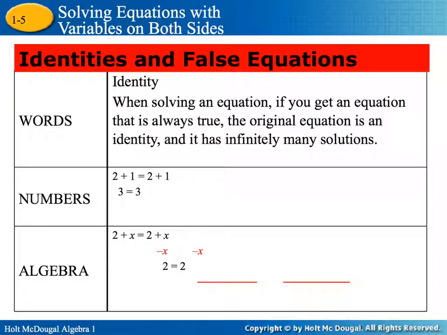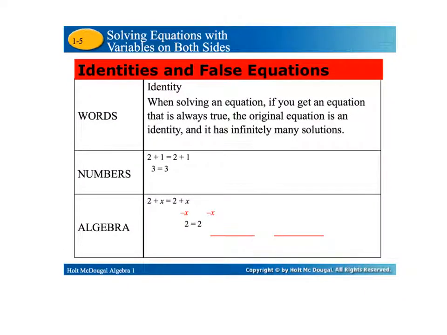All right, so here is the identity and false. It's just explained in words. So when solving an equation, if you get an equation that's always true, the original equation is an identity, and it has infinitely many solutions. So notice here, they've done it with numbers. 2 plus 1 equals 2, which equals 2 plus 1. And same thing if it's a variable.